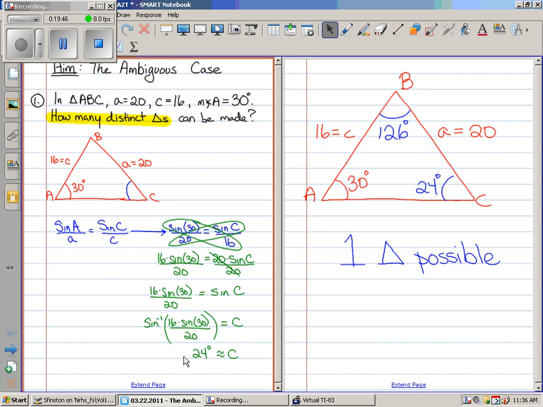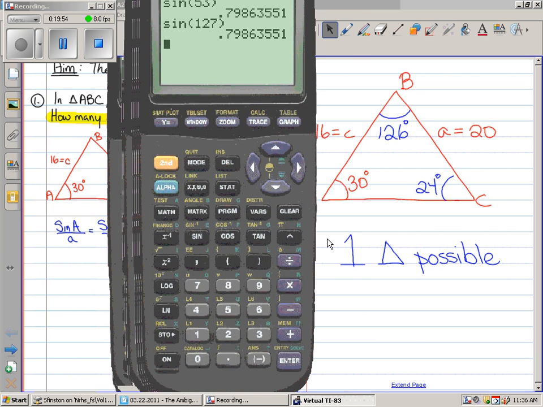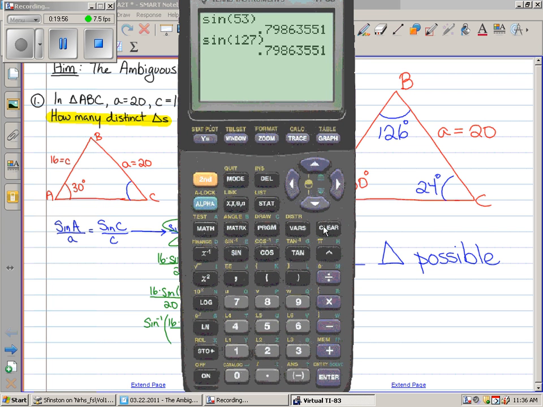So you got C is 24. What's the hidden possible option for C? The hidden possible option is simply 180 minus 24, which is what? 156. But A was locked in place at 30. And if you tried to put 156 in for B, what happens?